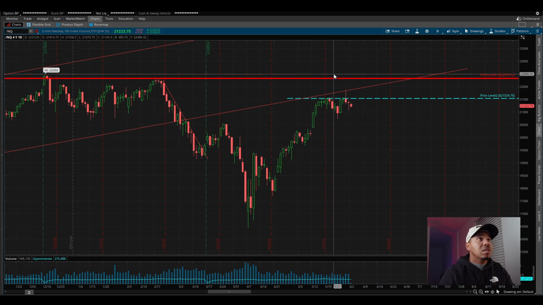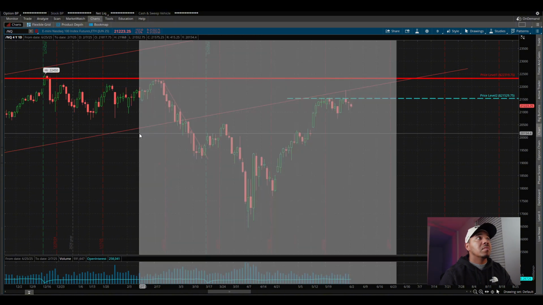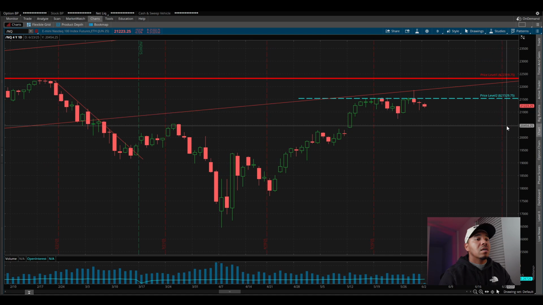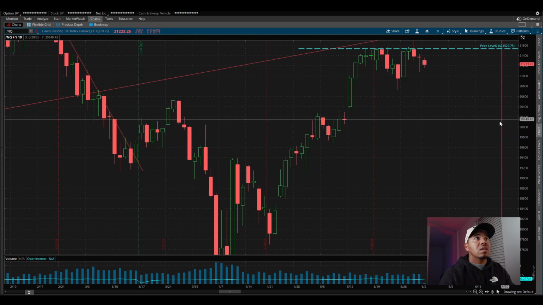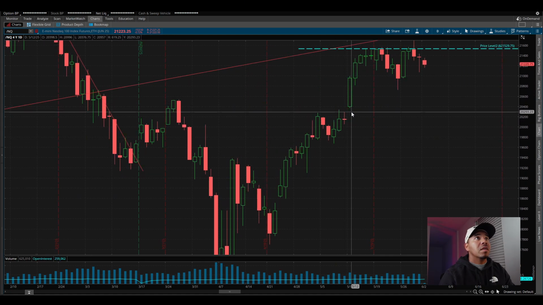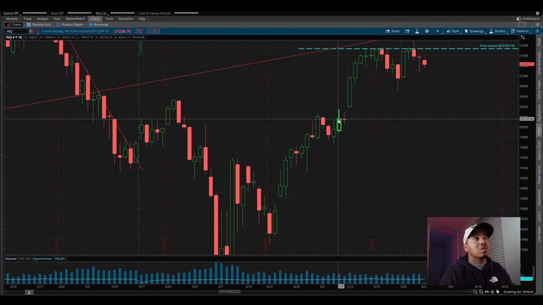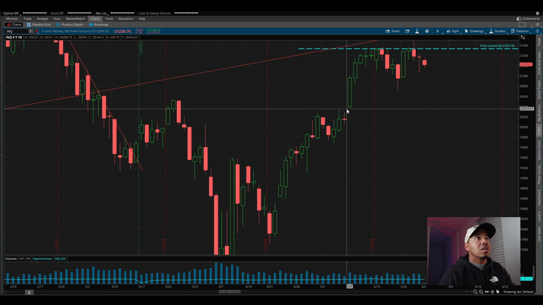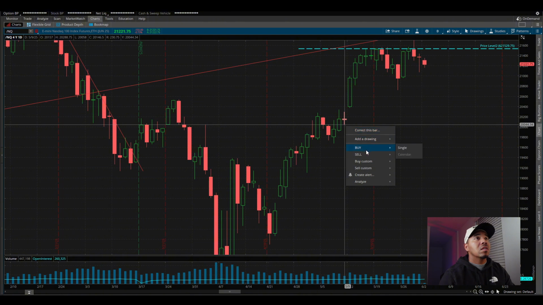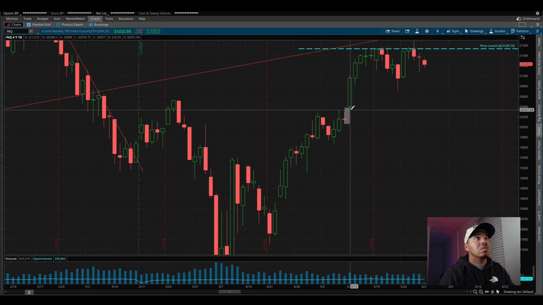All right. So here we have a gap. Gaps are from close to open. Here is the close, and here is the open.